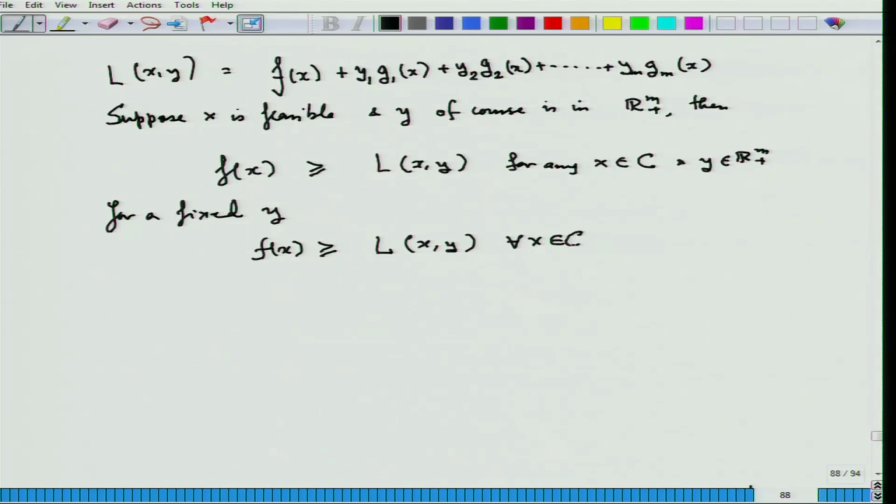Now, once I get this, it would immediately mean the following: my y is fixed, but my x is varying. I can write inf of x over C of f x is bigger than or equal to inf of x over C of L x y.